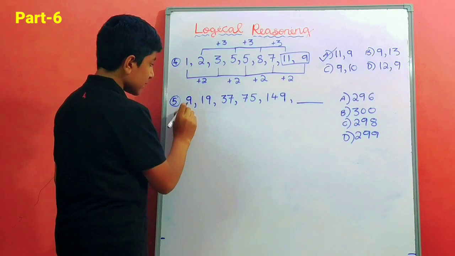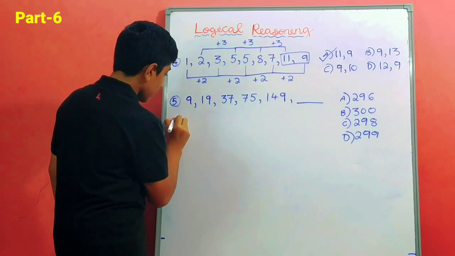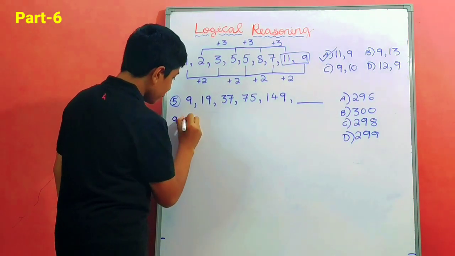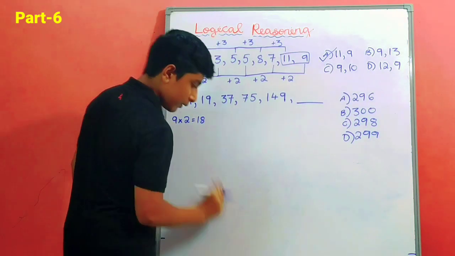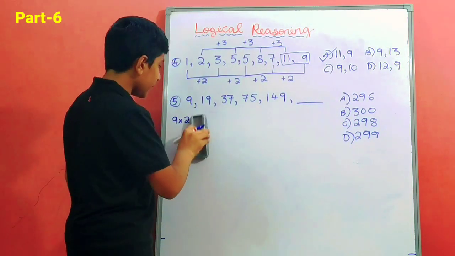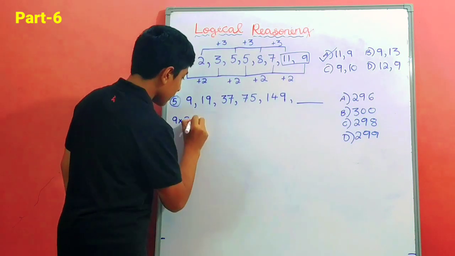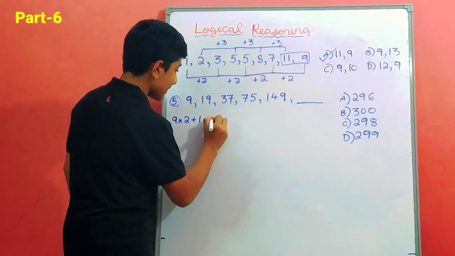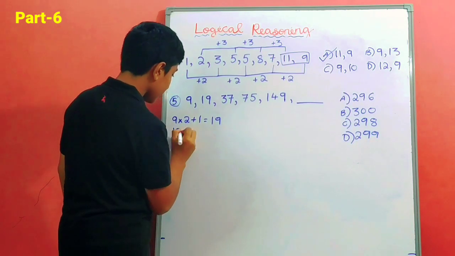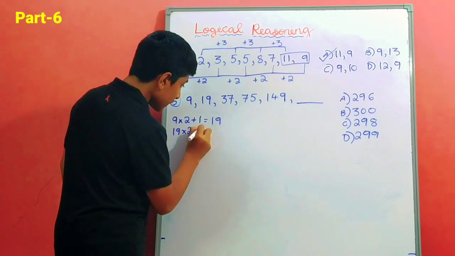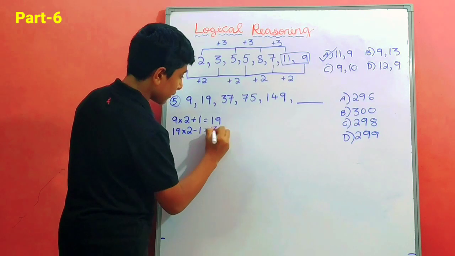So what logic we have found here is 9 into 2, 18. We'll write it like this, 9 into 2 plus 1 is 19 and 19 into 2 minus 1 is 37.